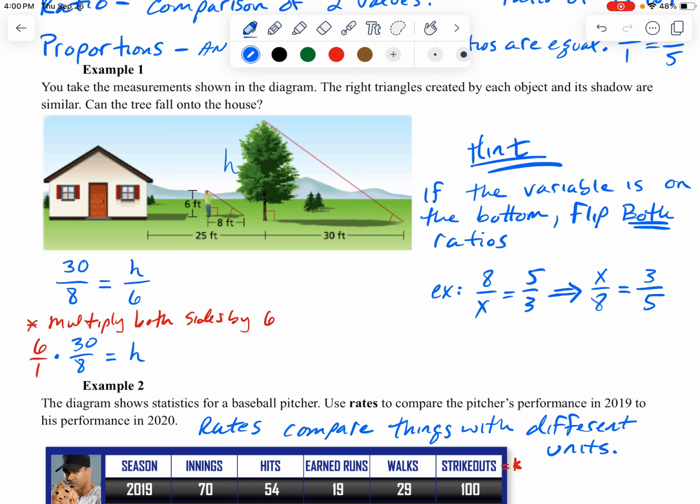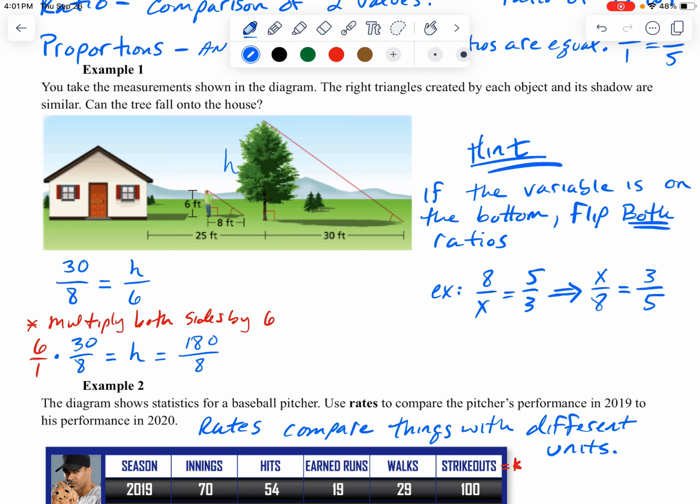When we multiply two fractions, we multiply straight across. So the top times the top, and I can still write this as equal because all of these things are still equal. 6 times 30 is 180. And on the bottom of the fraction, we have 1 times 8, which is 8.